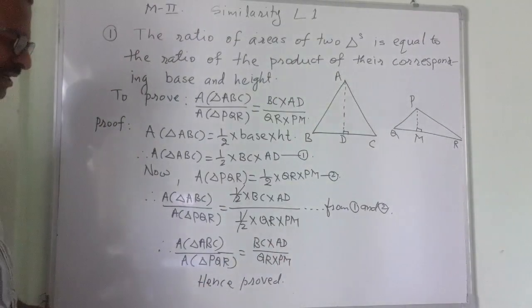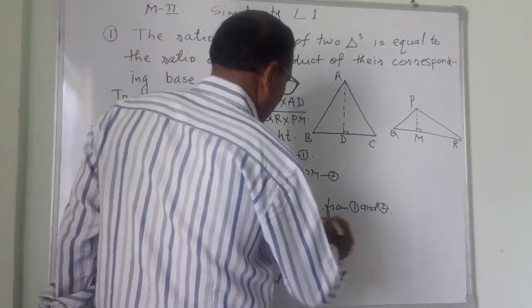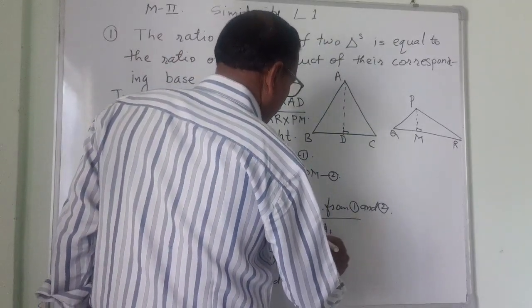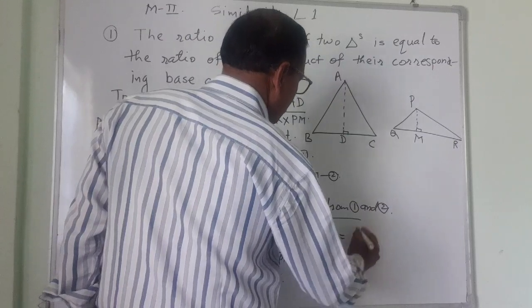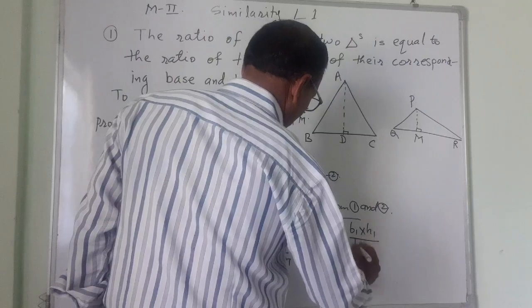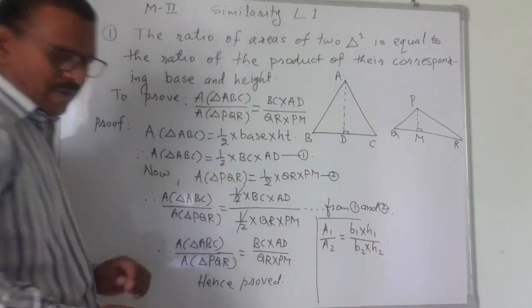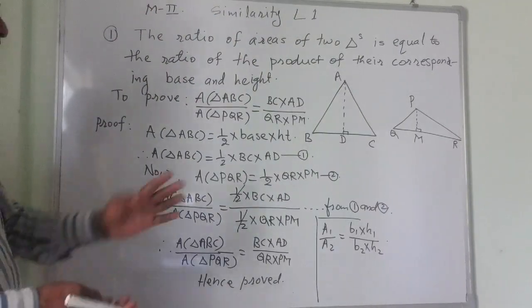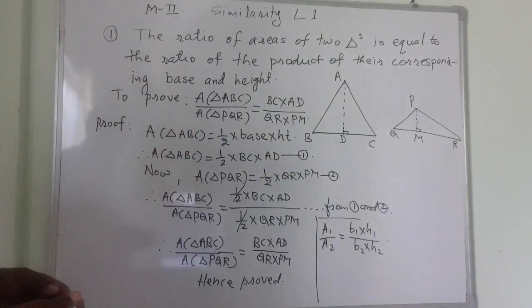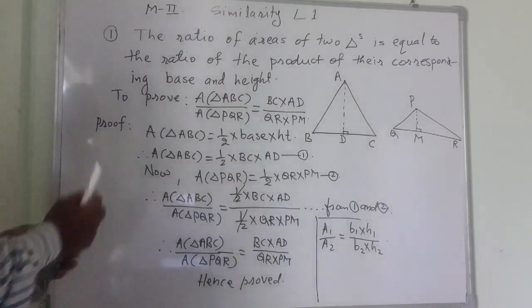In the shortcut, we write A1 upon A2 is equal to B1 H1 upon B2 H2. This way we have to remember. See that these 2 triangles are any 2 different triangles. They are not stated to be similar triangles.